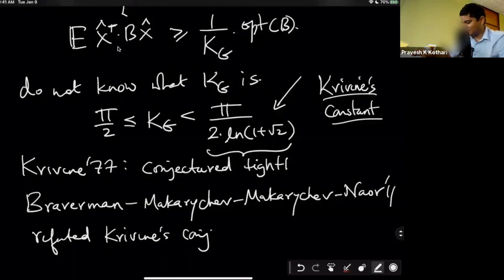The reason their proof gives us this tiny improvement is because the proof really works in the way that Raj was asking at the end of the last class. At the end of the last class, Raj was suggesting that this Goemans-Williamson rounding is really tight when rho, this average ratio, is like minus 0.69.